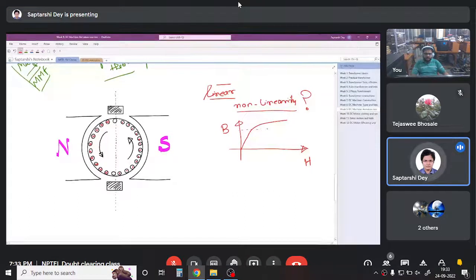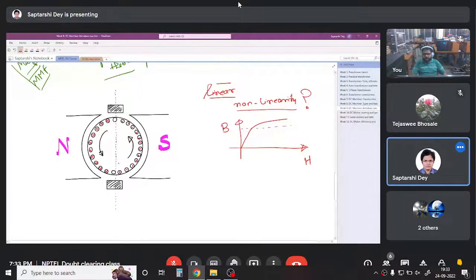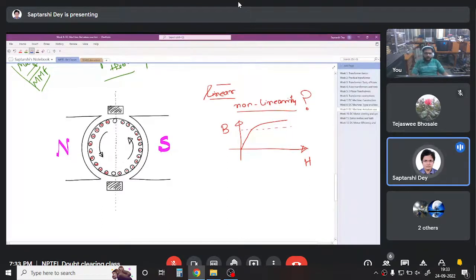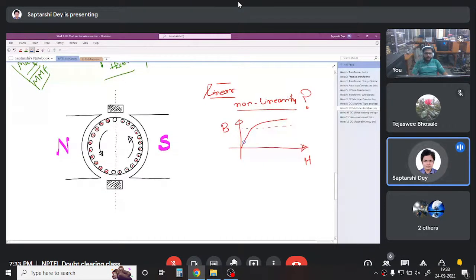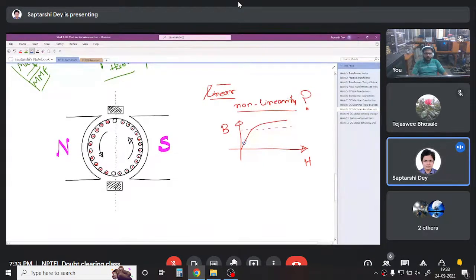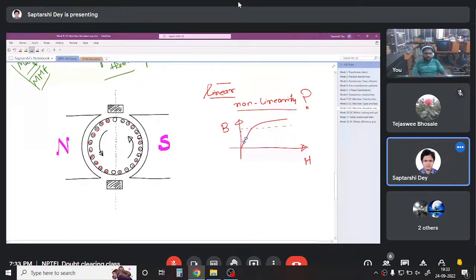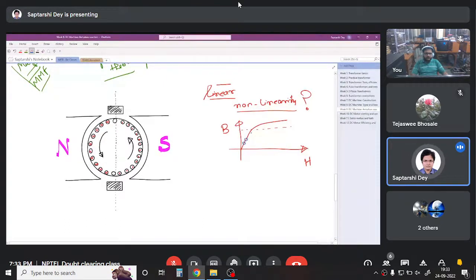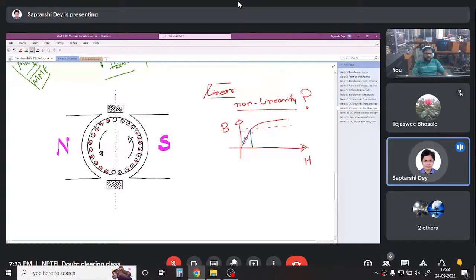If it so happens that there are two MMF sources, source 1 and source 2, when we analyze the effect for source 1, say it operates somewhere here. When we analyze the effect for source 2, say it operates somewhere here, and say the net effect is somewhere here, say the whole thing is in the linear zone, we can apply superposition theorem.